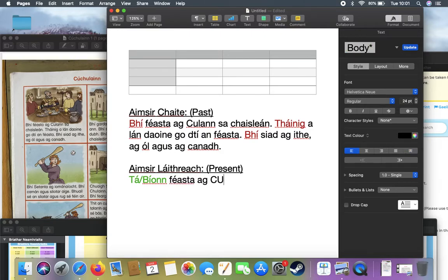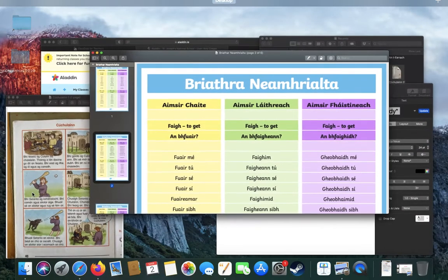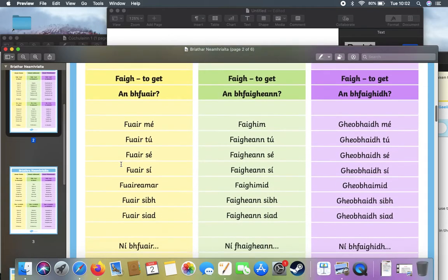Féasta ag Cullen sa Chaisleán. So rather than saying Cullen had a party in the castle, you're saying Cullen has a party in the castle. Then Hánig, I said, is another one of those irregular verbs. So you find Hánig. Sorry, that's not what I meant to do. Maybe I'll go this way.